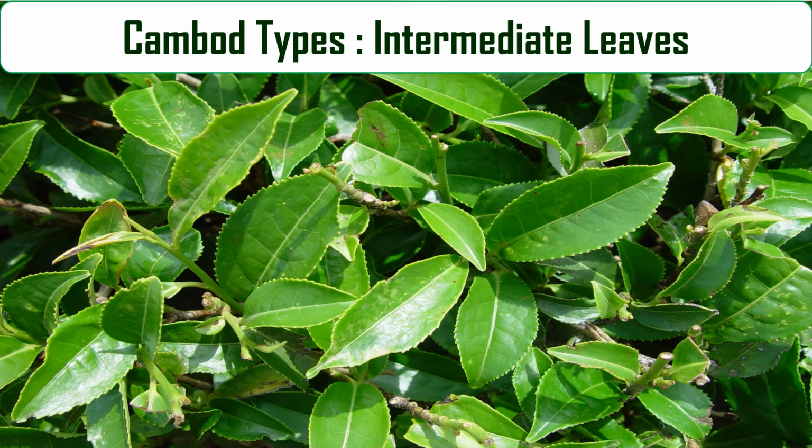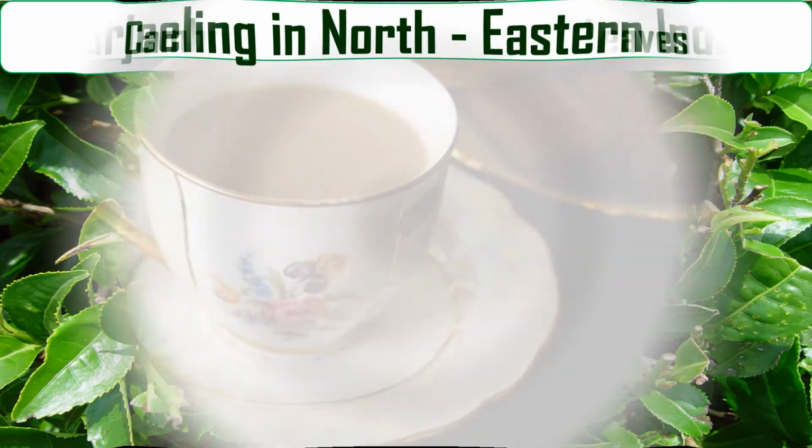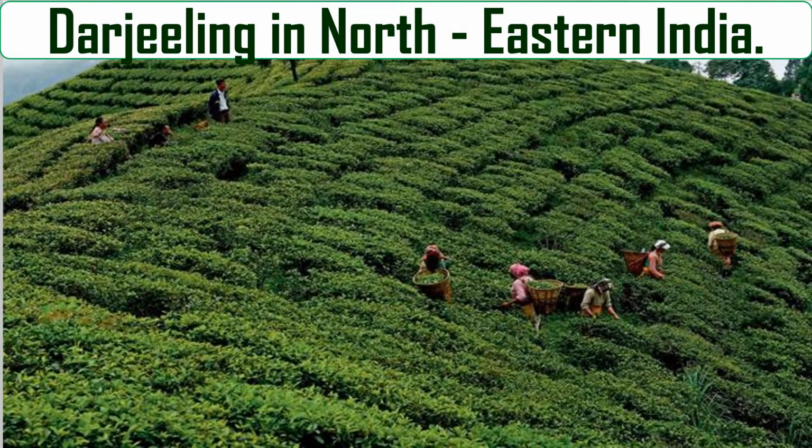We have very distinct and different tea growing regions in India, and each of these regions is famous for the special type of tea it produces, which is unique in taste, aroma, strength and flavor and so on. So we will see those regions. The first one, very famous, Darjeeling in northeastern India. We have Darjeeling tea, Assam tea, right?